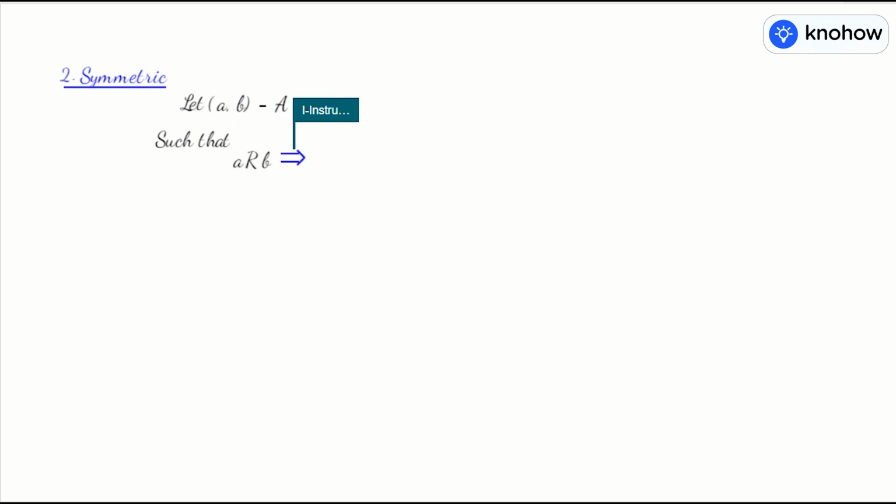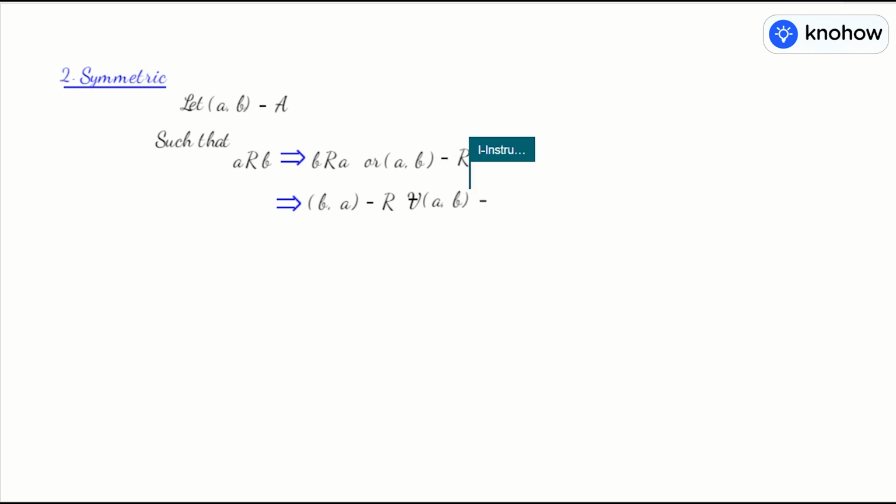If it implies that b is related to a, or in other words, (a, b) belongs to R implies (b, a) also belongs to R for all a and b lying in the given set A, we say that the given relation R is symmetric on the given set A. So a relation R on a given set A is said to be symmetric provided a related to b implies b related to a.